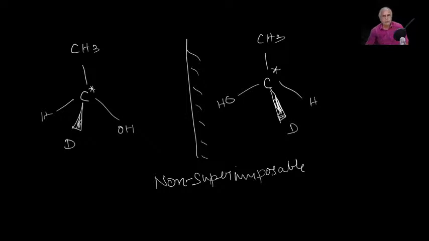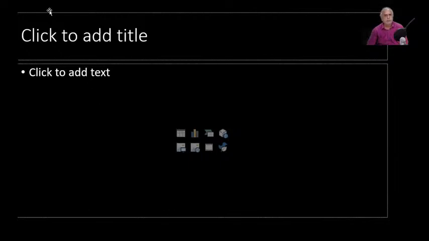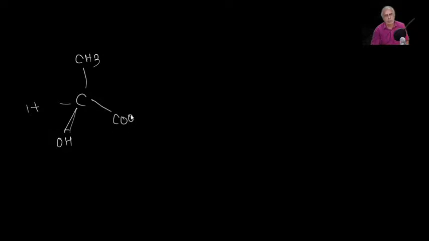Now I will draw another structure and tell me whether it has an asymmetric carbon atom or not. Okay, take down. Try this, not acetic acid. CH3 CH OH COOH.